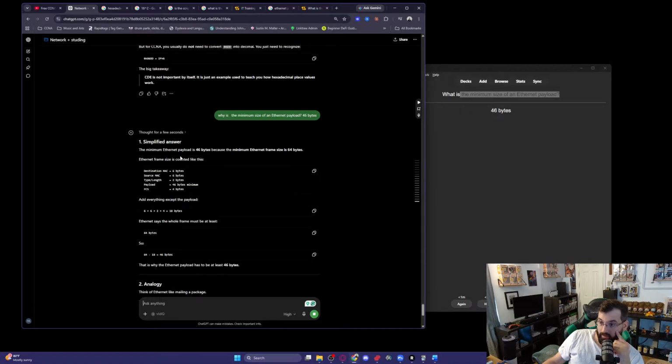Okay, see here. The minimum Ethernet payload is 46 because the minimum Ethernet frame size is 64. Oh, okay. The payload is smaller than the frame. The frame is all of it. Add everything except the payload. Oh, and they're bytes, so it should be multiplied by 8, right?